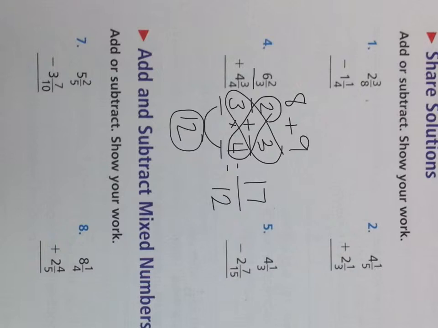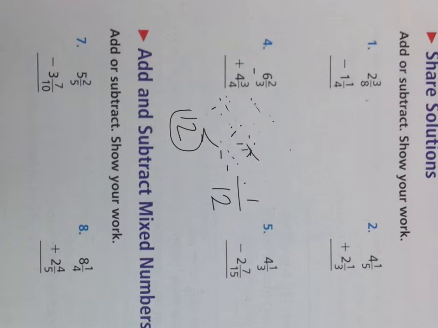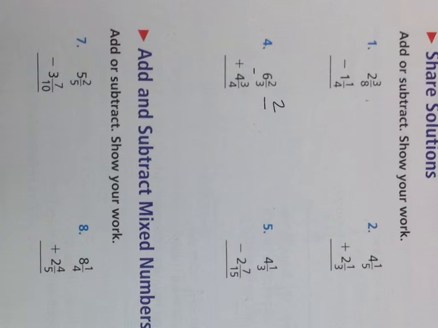Another way that you can solve, let me erase this so we have some room for adding fractions, is to find your common denominator. So we have 2/3 and 3/4, and we want to get them to match. I think of my multiples of 3 and my multiples of 4, and we are going to try and find our lowest common multiple.